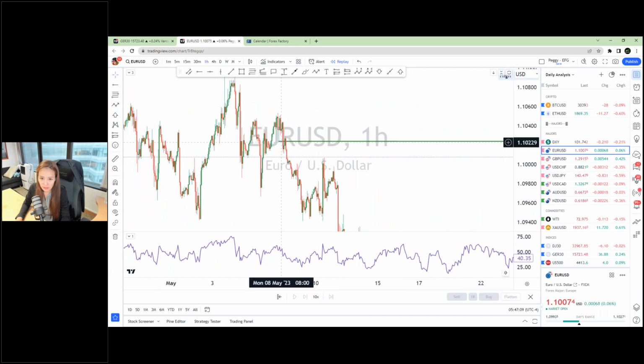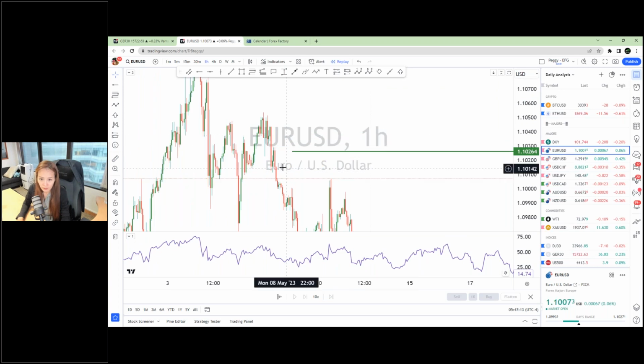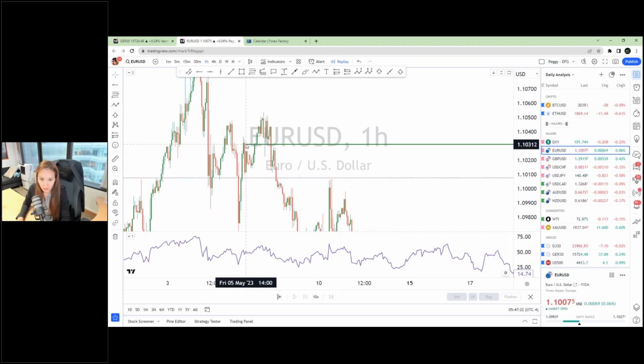If you want to see it like this, you may put this one. This is the area you may consider to sell from this level.